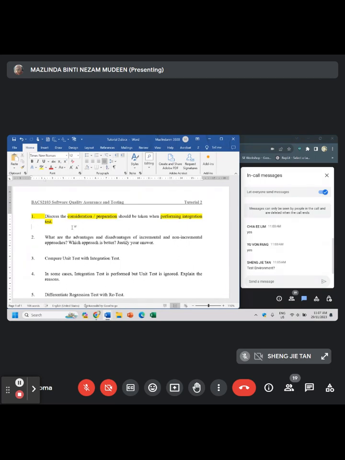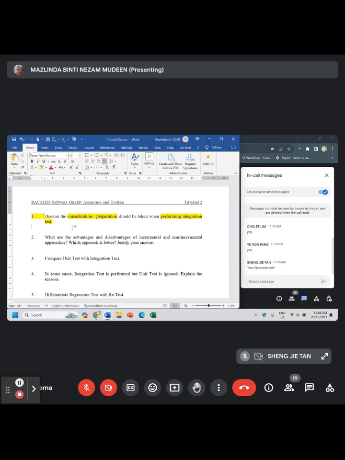Some parts have been completed, some parts have not. So in that case, we don't have the 100% completed system yet. So having a testing environment might not be the most crucial consideration or preparation for integration test.